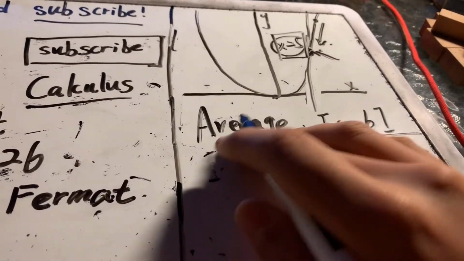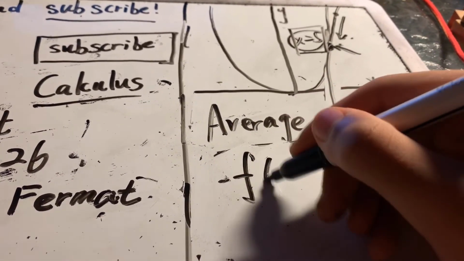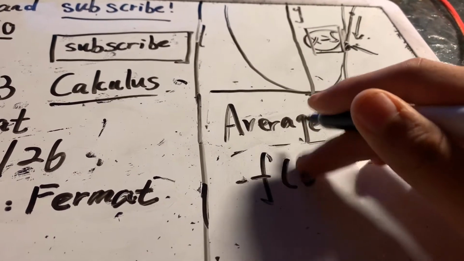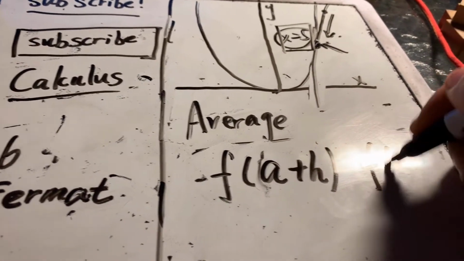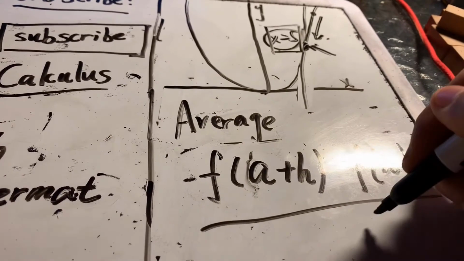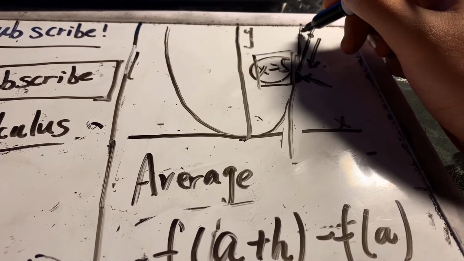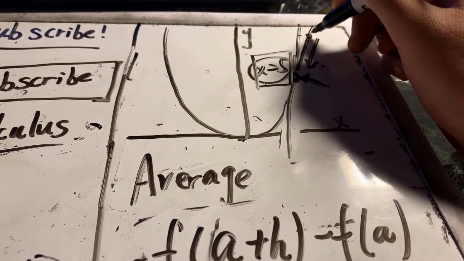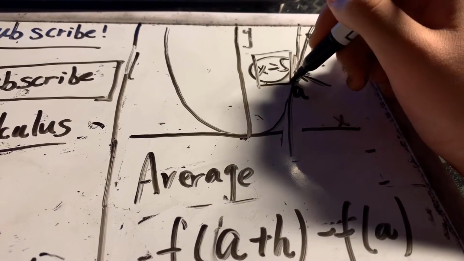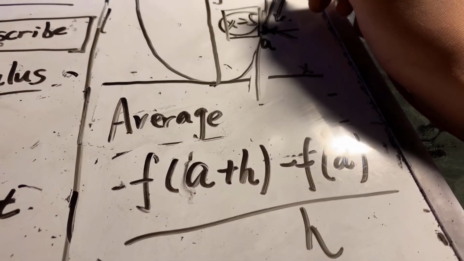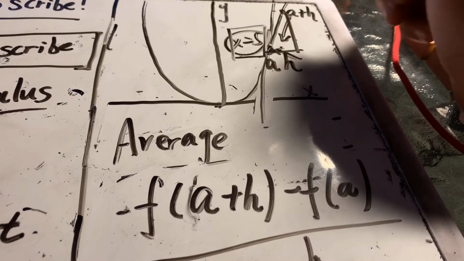Average change has this formula, with a and a plus h. On the graph, if you want to calculate the average rate of change between here and here, this place is a plus h, and this is a, so the distance between them is h.